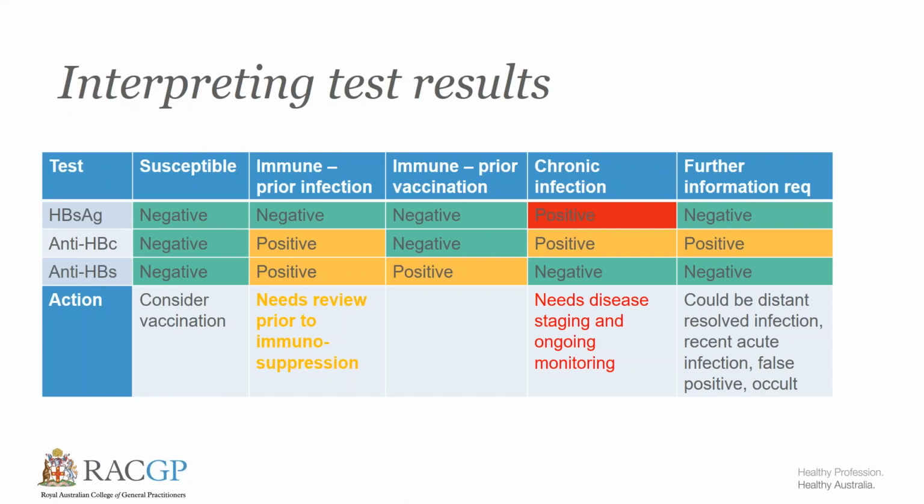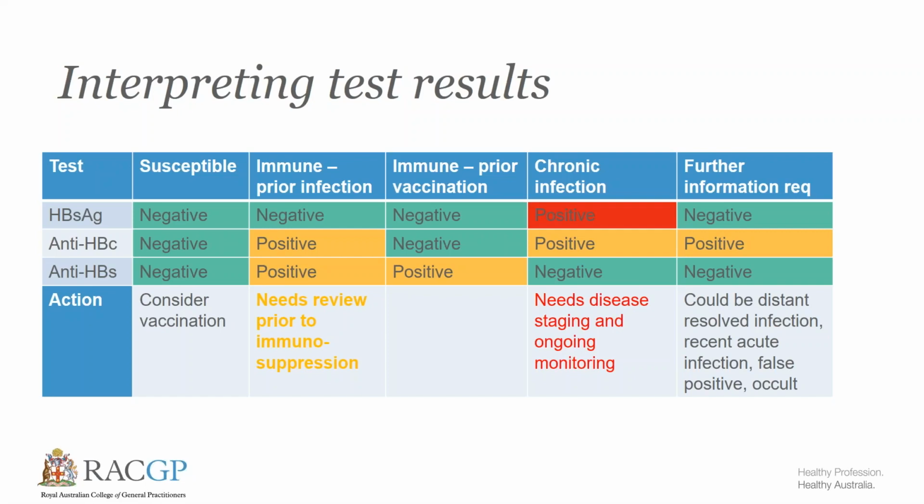Now, interpreting test results. By ordering these 3 serology tests in combination, they can tell us about the patient's hepatitis B status. So if all 3 tests are negative, they're susceptible to hepatitis B, they've never been exposed, and if they are at ongoing risk of hepatitis B infection, they should be vaccinated. The next column is someone who's surface antigen negative, but they have their core antibody and their surface antibody.